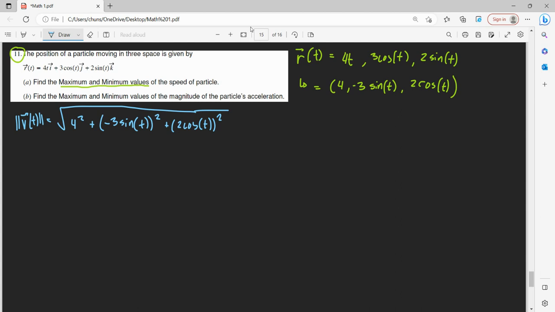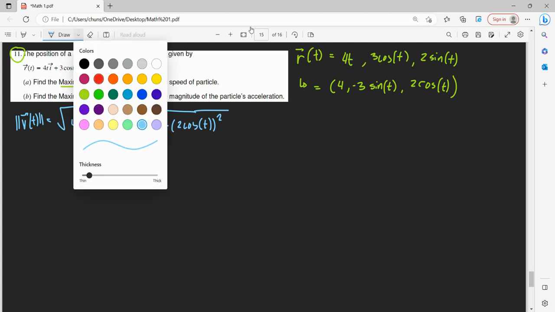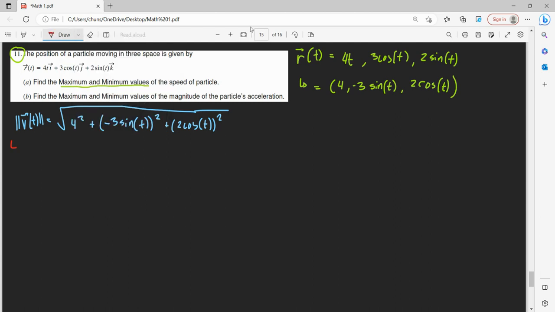Now we have both sine and cos, but let's just reduce it down to one of them. So we're going to use our trig identity, sine squared plus cos squared equals 1, and we're going to substitute that in.